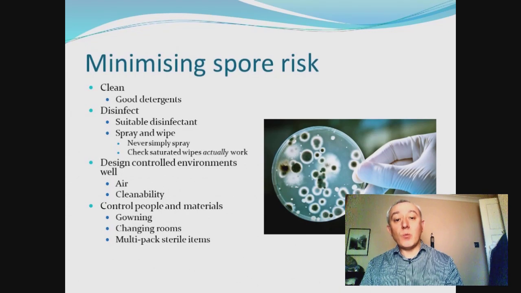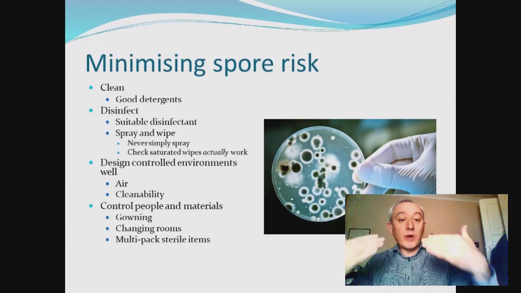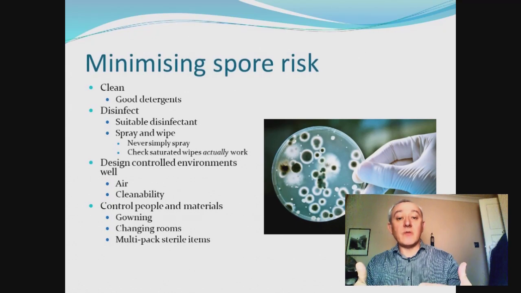So we can address spore problems by good cleaning. We need to clean effectively in order to allow disinfectants to work, and then use special disinfectants called sporicides, always applying that in the form of saturated wipes or spraying or putting the disinfectant onto the surface via a bucket and mop, and then always wiping. So just applying a disinfectant is not overly effective.